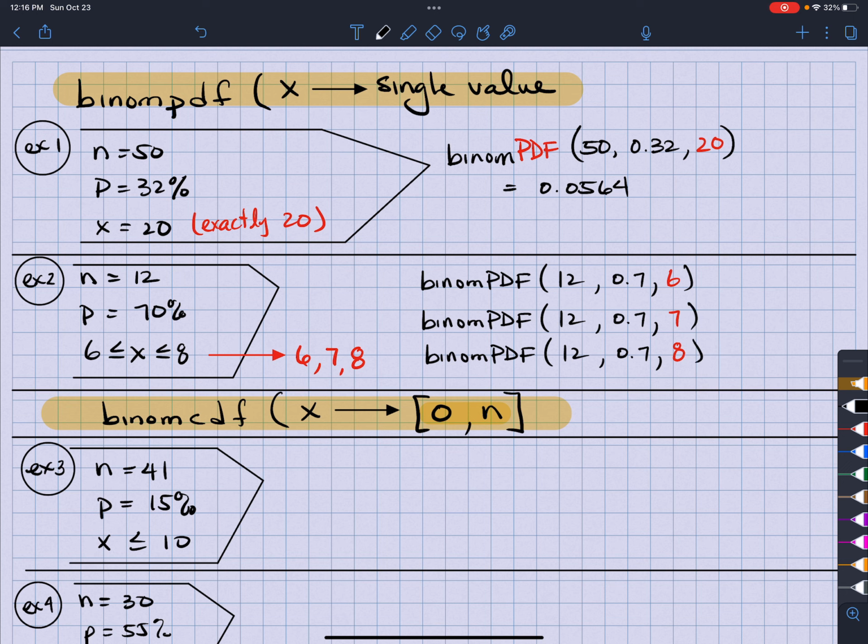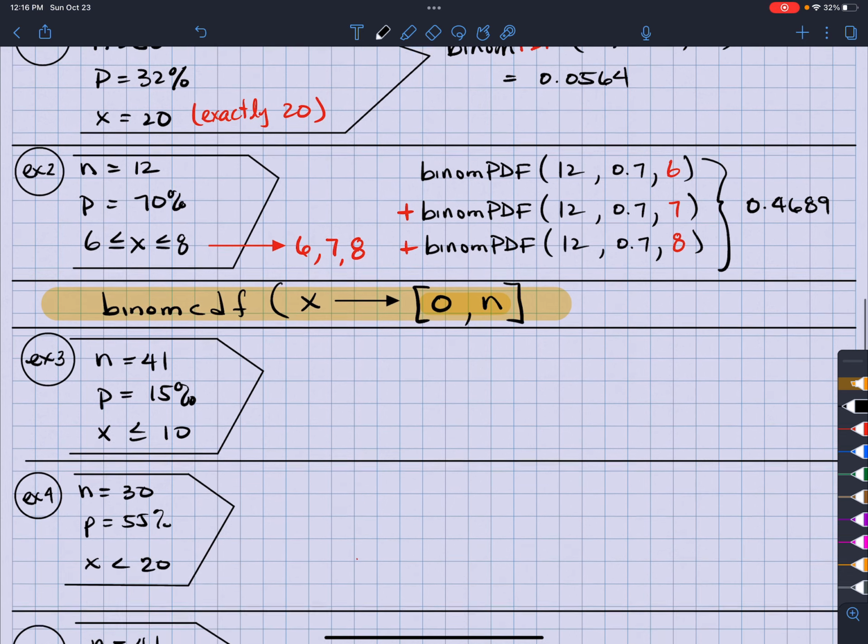And since PDF only does individual ones, that's why I got to do the 6, I got to do the 7, I got to do the 8 because they're individual. And then I can add these together. And that is going to give me 0.4689.